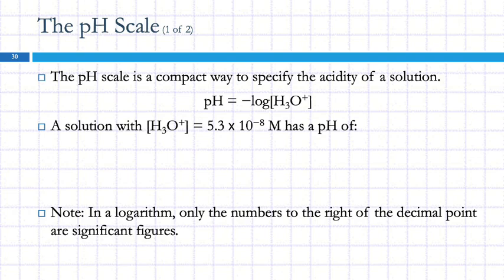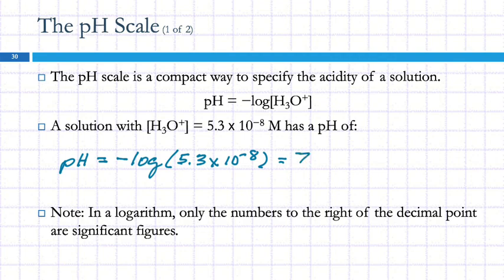So if we have a solution that has a hydronium ion concentration of 5.3 times 10 to the minus 8 molar, it has a pH of, we calculate it using this equation. pH is equal to minus 1 times the log of 5.3 times 10 to the minus 8. So that would be 7.28. pH doesn't have a unit.